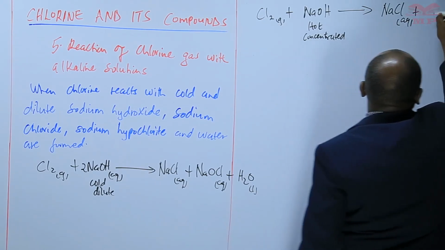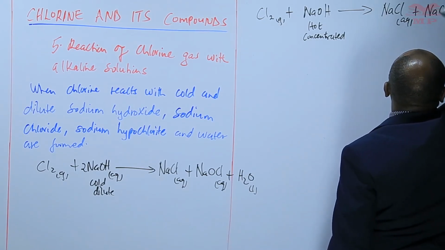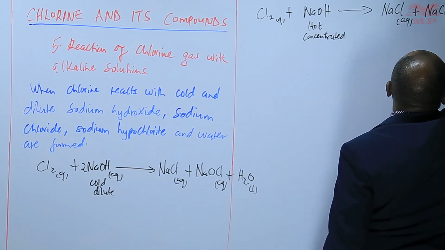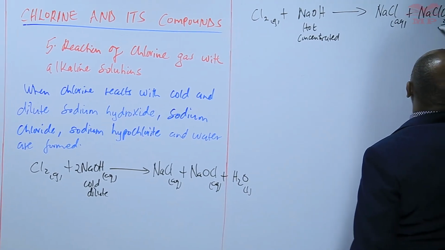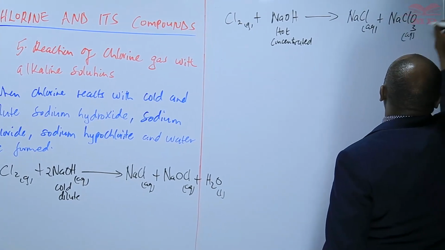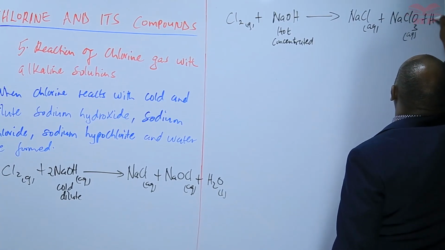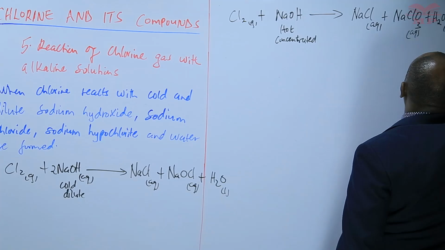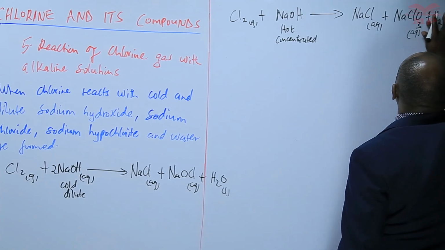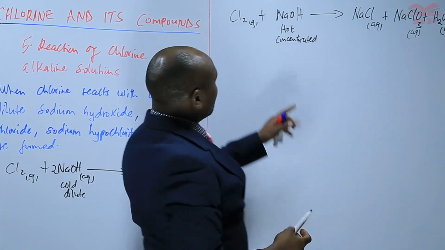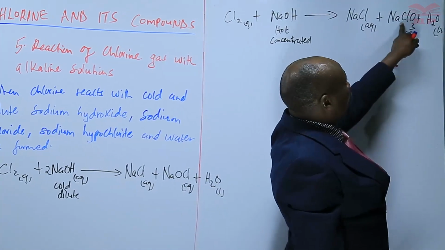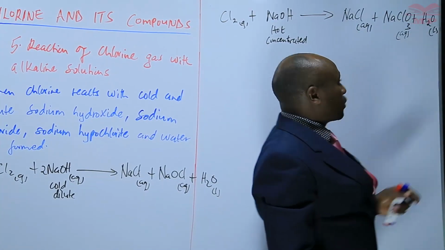But here we shall form sodium chlorate as the salt with a higher oxidation level, or with a higher amount of oxygen, plus water. So we'll have sodium chloride, sodium chlorate, and water.